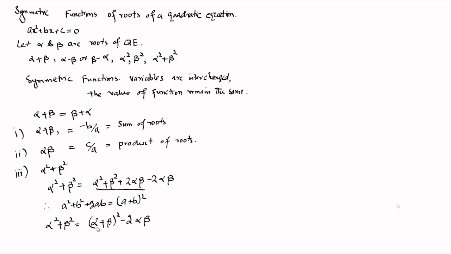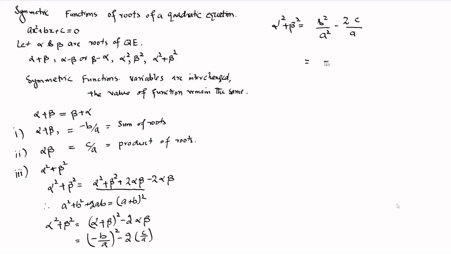Now this is the sum of the roots and this is the product of the roots. So the sum of the roots is minus b by a taking whole square, and the product of the roots alpha beta is c by a. So we can write that alpha square plus beta square is equal to b square by a square minus 2c by a.